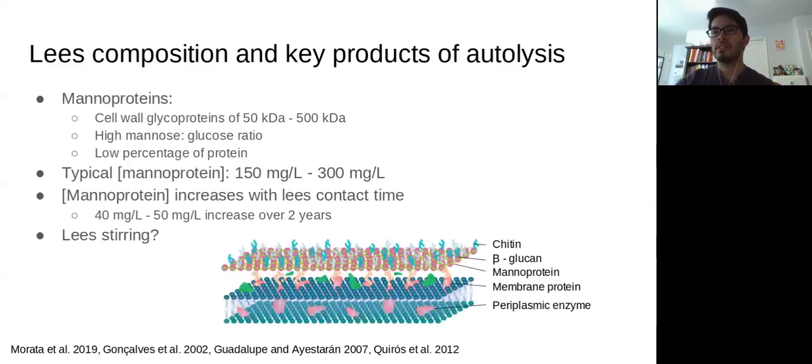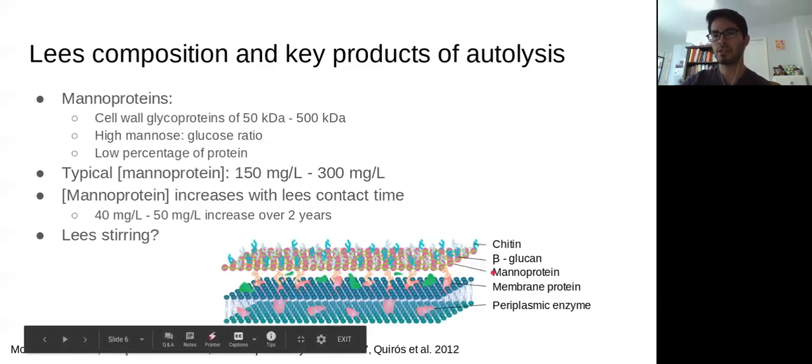So mannoproteins are cell wall glycoproteins, meaning that they are proteins that contain a carbohydrate group. In Saccharomyces cerevisiae, what stands out is that they have a high mannose to glucose ratio and a very low percentage of protein. So they are pretty much mostly made up of polysaccharide.